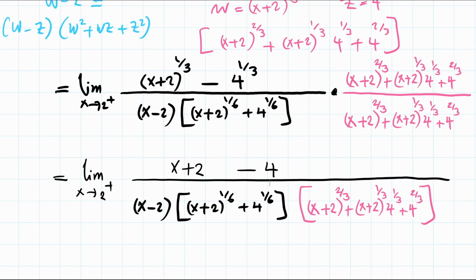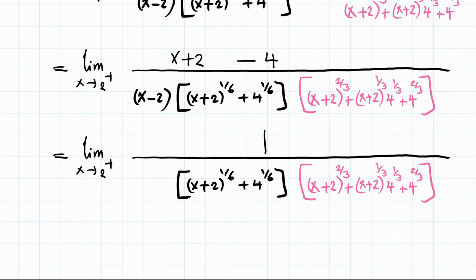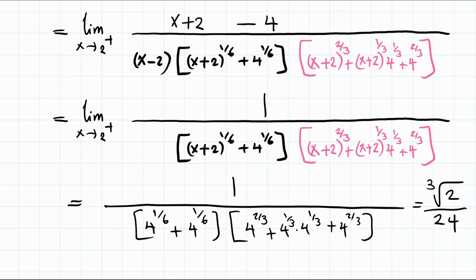The expression will reduce in the numerator to x minus 2, which should cancel out with the x minus 2 in the denominator, and whatever is in the denominator will stay the same. Now all you need to do is just direct substitution of 2, and the result is easily obtained. Of course, you should be able to get the answer to the problem with a little bit of arithmetic.